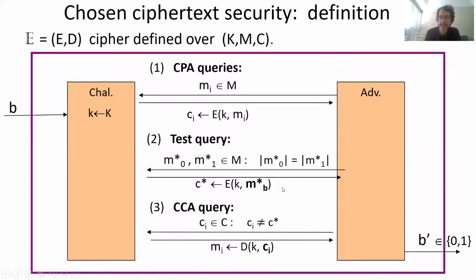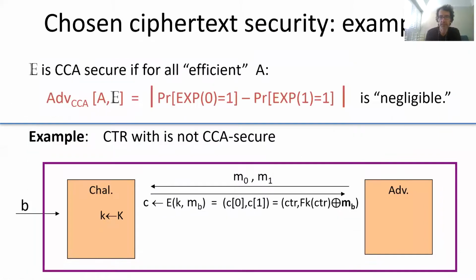And the encryption is CCA secure if that doesn't help. In other words, this bit is still just as uncorrelated with this bit, or there is the standard negligible advantage, in spite of this extra power of seeing decryptions of chosen ciphertext.